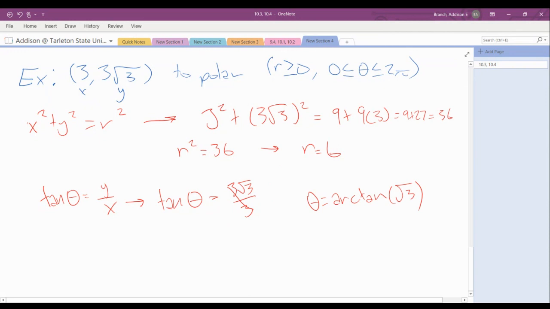And since we have a positive y over x, we have to be in the first or third quadrant. Then if we look back at our original coordinate, we can see that our x and y are both positive. So that puts us in the first quadrant. So pi over 3 would work. Therefore, our final point is (6, pi over 3).